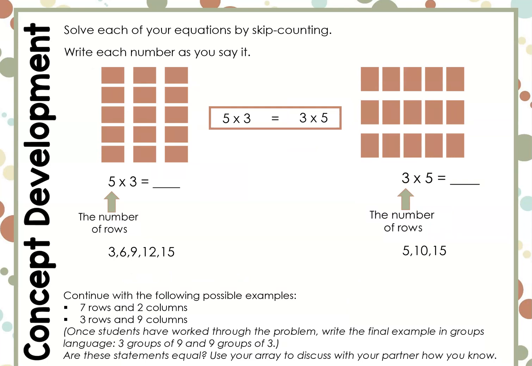So if we were to solve each of these by skip counting, for this one we could skip count by 3s. So we'd have 3, 6, 9, 12, 15. So 5 times 3 is 15. Now if we came over here, we could skip count by 5s. 5, 10, 15. So did my total change? Nope, but the order of the factors did.